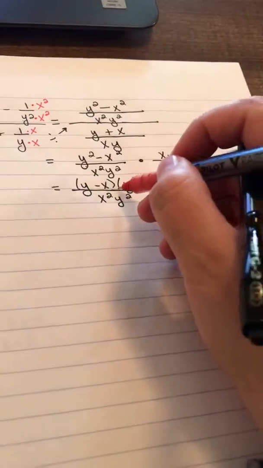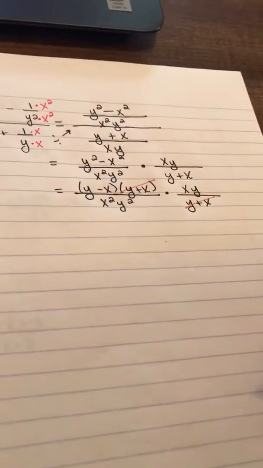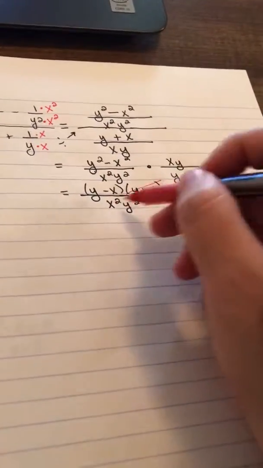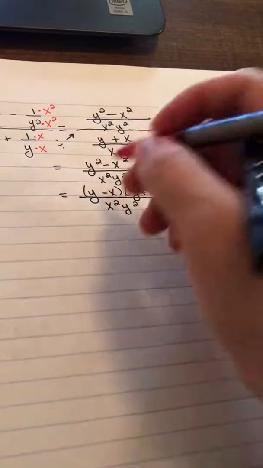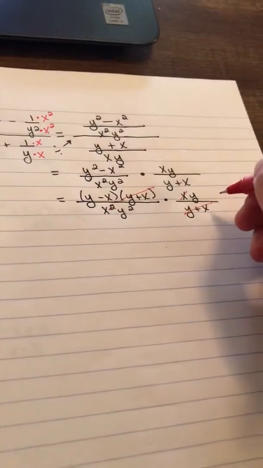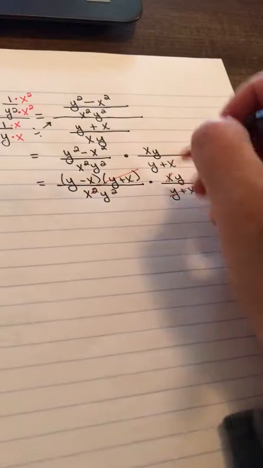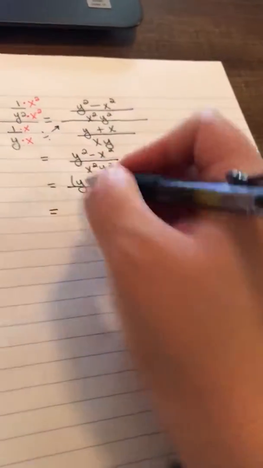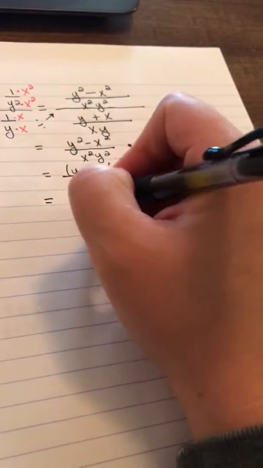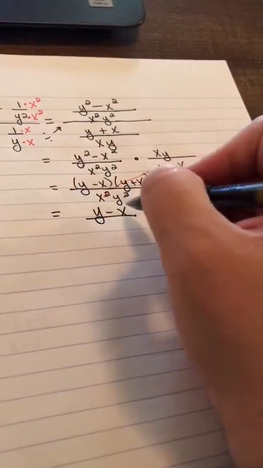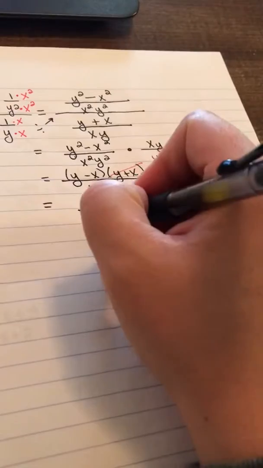I have a y plus x and a y plus x. I have an x here and an x squared here, so the x goes away and makes that an x to the first. 2 minus 1 is 1. I have a y and a y squared, so that goes away. So I'm left with, in the numerator, a y minus x, and in the denominator, an xy.